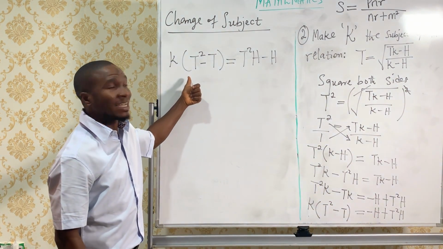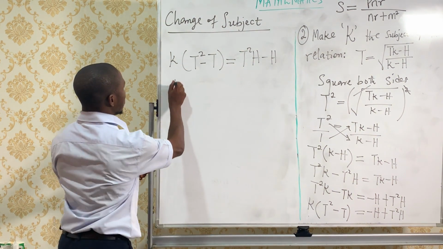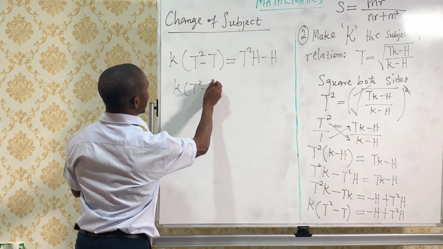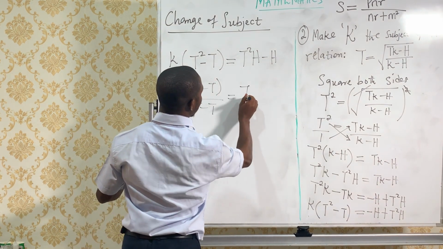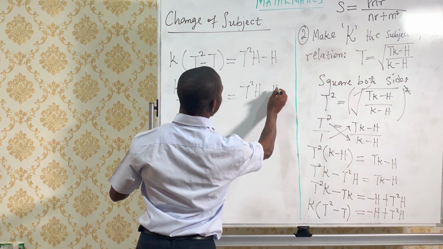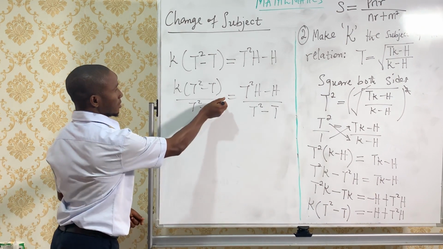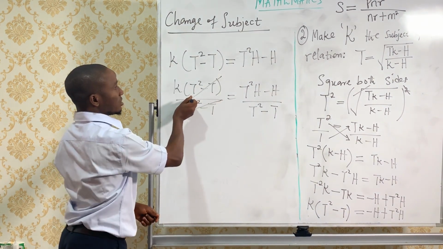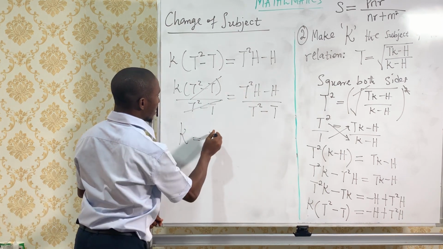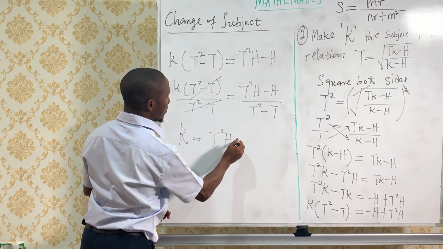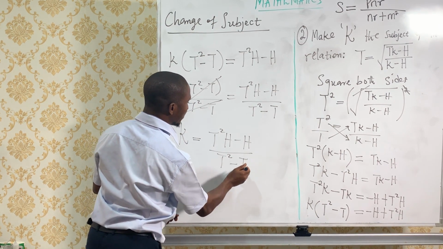We can now divide both sides by the coefficient of K, which is T squared minus T. We now say K into bracket T squared minus T divided by T squared minus T equals T squared H minus H divided by T squared minus T. We cancel T squared minus T. So we have K equal to T squared H minus H divided by T squared minus T.